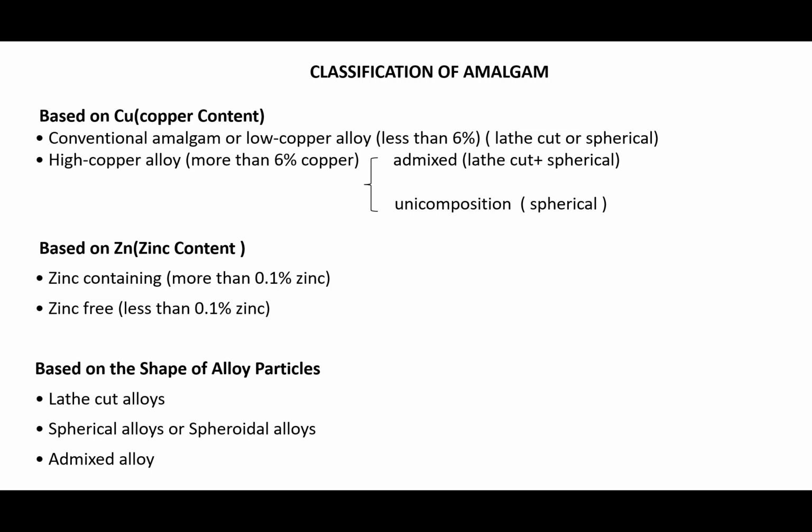Based on zinc content, alloy containing zinc more than 0.1% is called zinc containing, or zinc free when the zinc is less than 0.1%. Based on the shape of alloy particles: lathe cut, spherical, admixed.